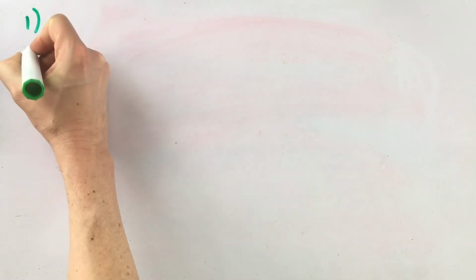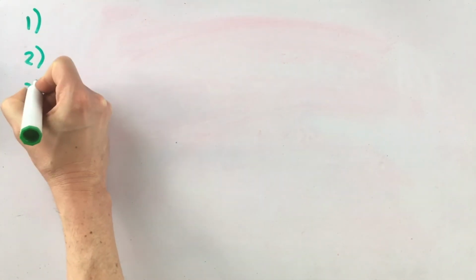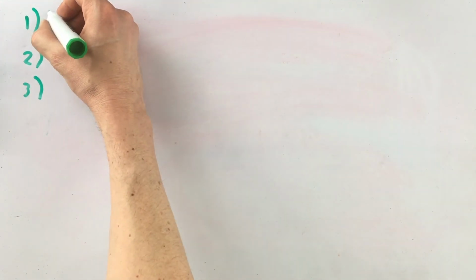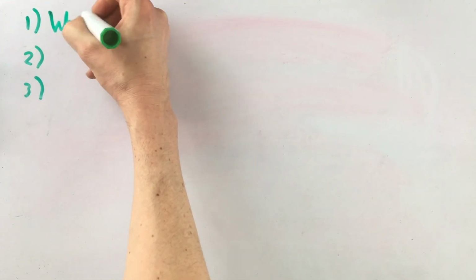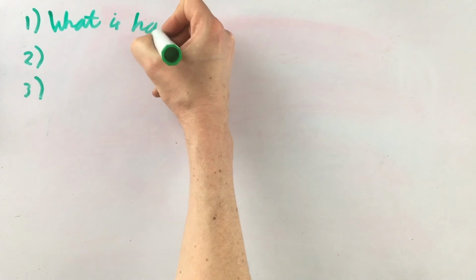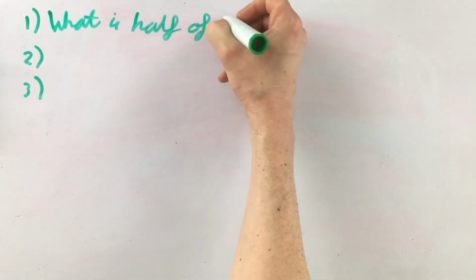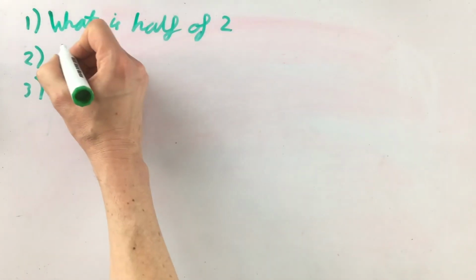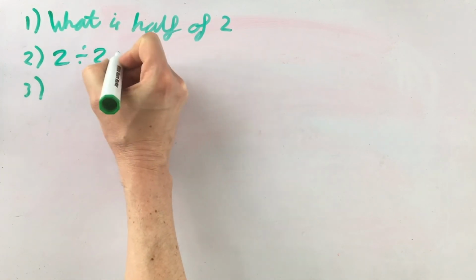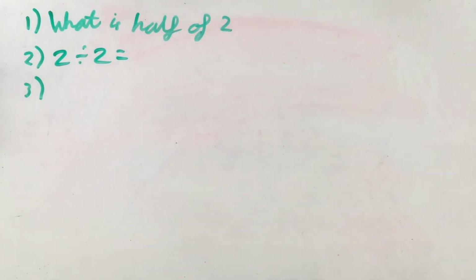Now, questions number 1, 2 and 3 were all the same thing, just written differently to get you used to the different language that you might see. So the first question was, what is half of 2? The second one was 2 divided by 2, which is actually the same as halving 2.